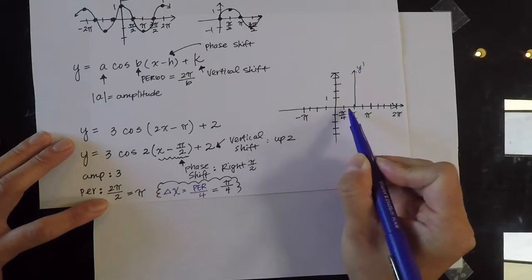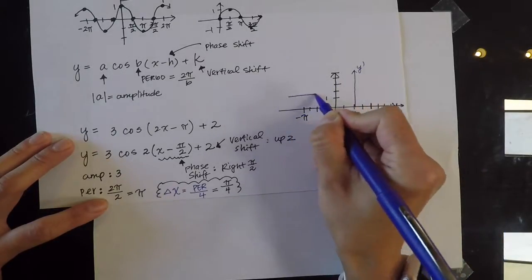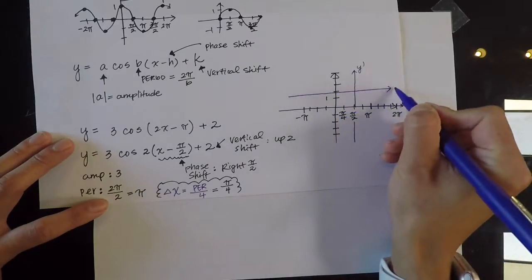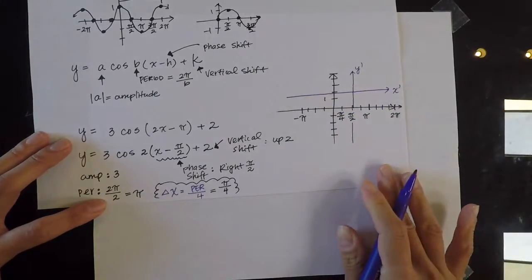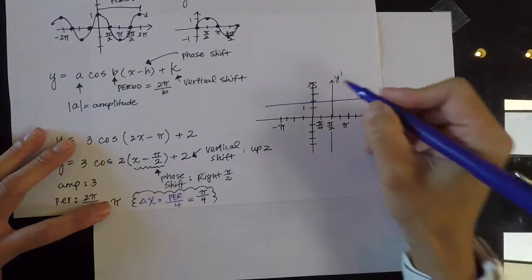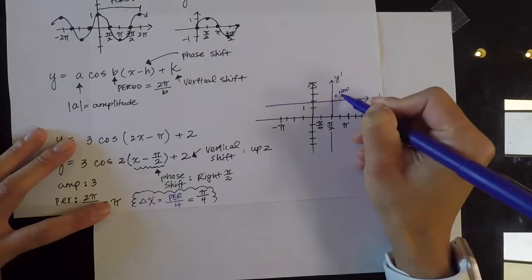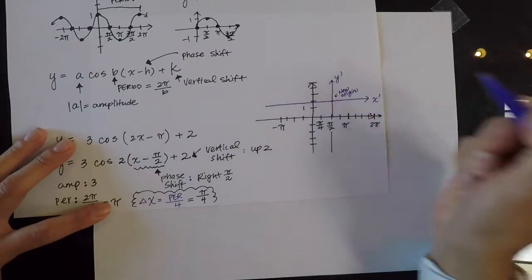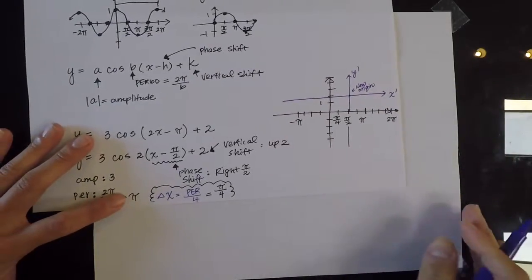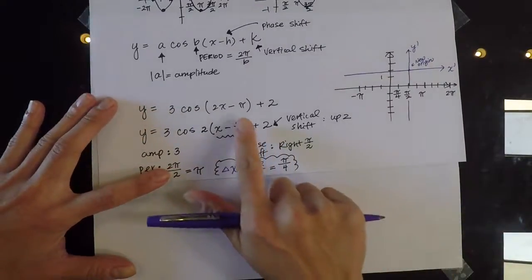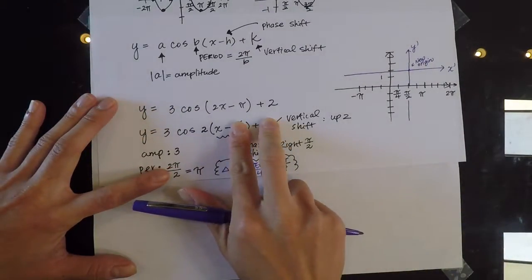So I'm going to take the x-axis and shift it up 2. So this purple line again is my new x-axis. I'm going to call this x prime. Remember, whatever we graph from this point on, we're going to graph it from the new origin. Okay, so by shifting the axes, I have already dealt with the phase shift and the vertical shift.